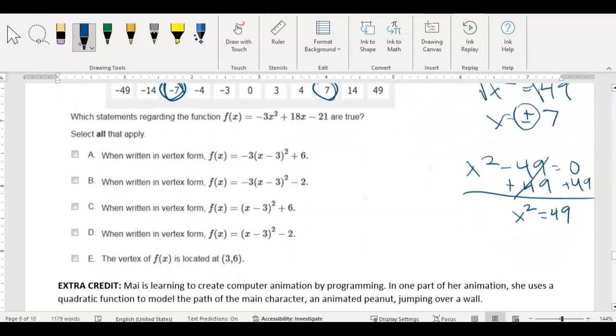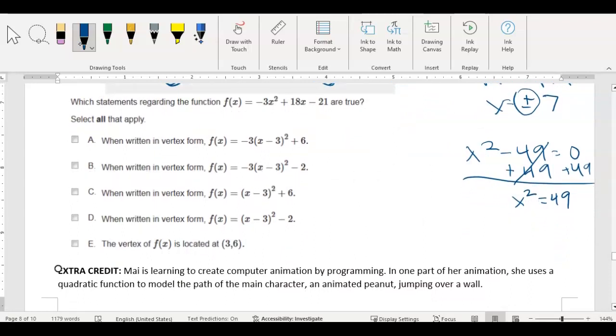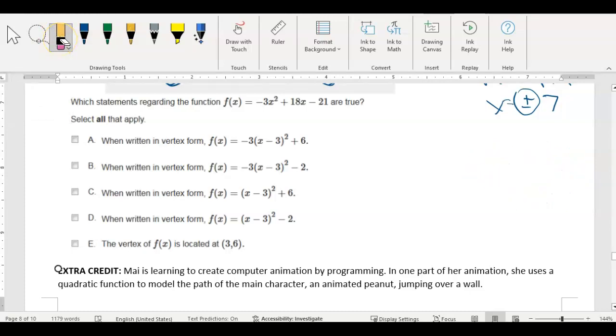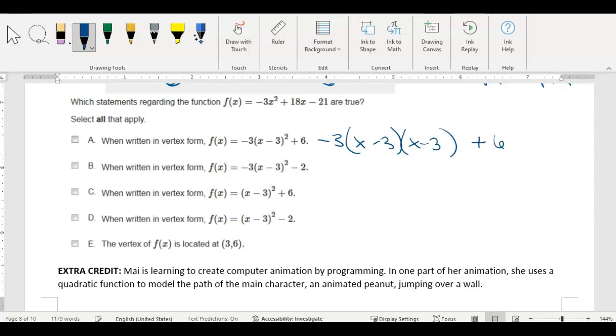Now, the next one says which statements regarding the function f of x equals -3x squared plus 18x minus 21 are true. Select all that apply. So when written in vertex form, it's which one of these is it? Now, I can find this out by converting all of these to standard form and figuring out which one matches. So this would be -3 times x minus 3 times x minus 3 plus 6.